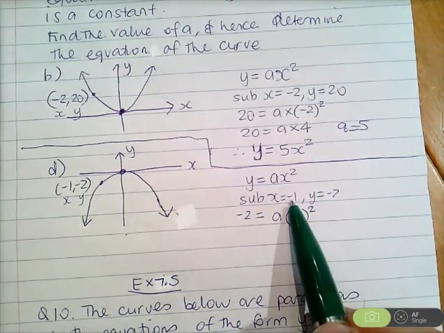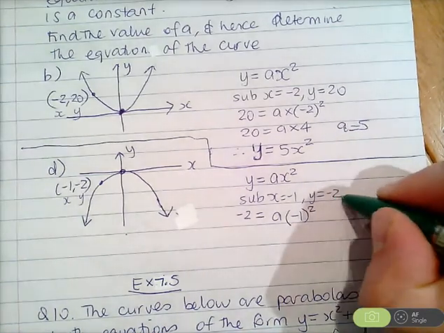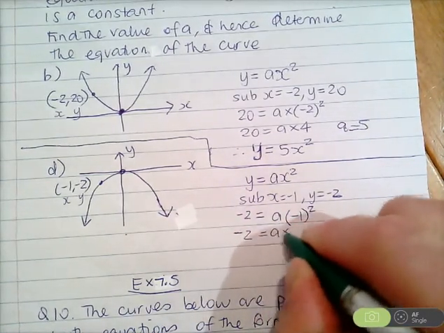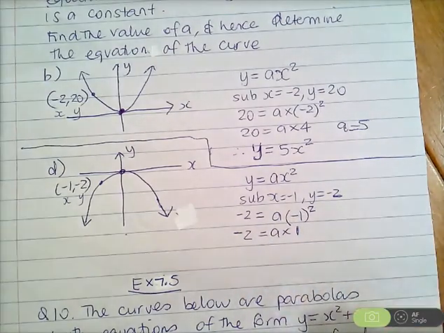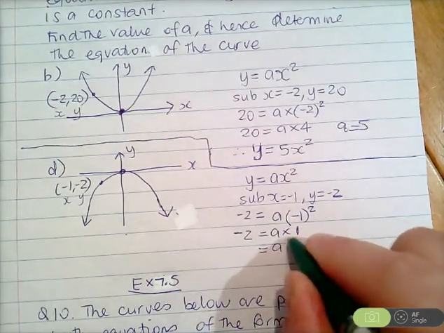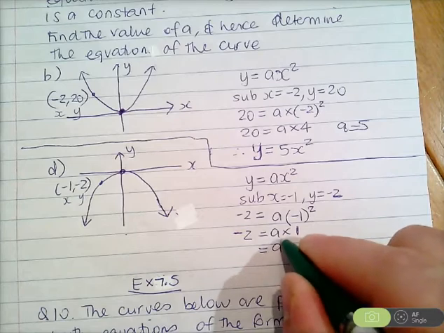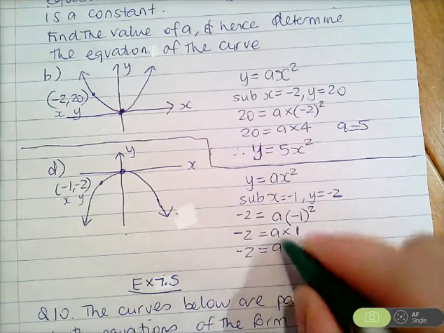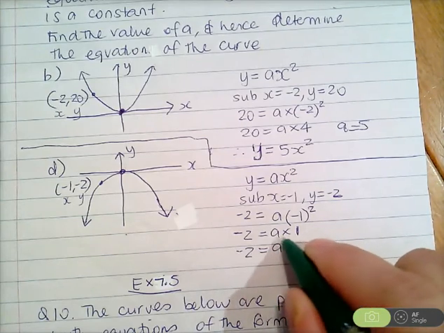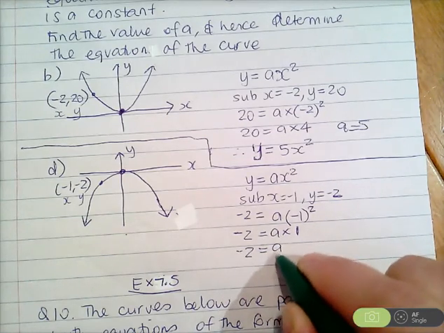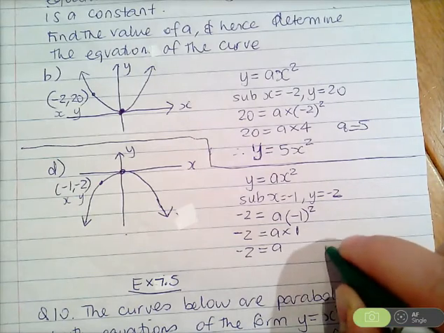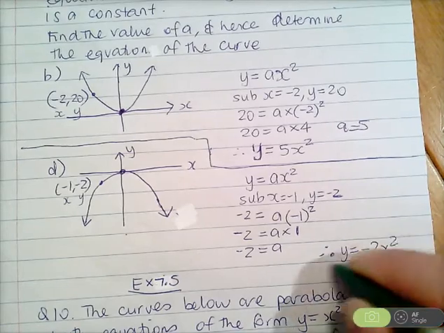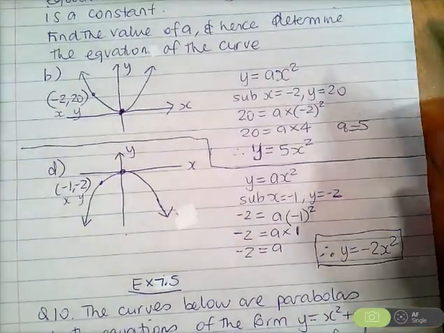So I'm substituting for x and I'm substituting for y, and I get -2 equals a times, now -1 squared is 1. Making a the subject, you would divide by 1, but I just get that a would be -2 because a times 1 is a, so therefore a is -2. So therefore my parabola is y equals -2x squared. So that's my answer for that one.